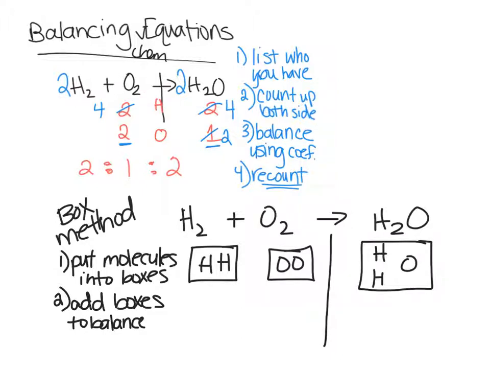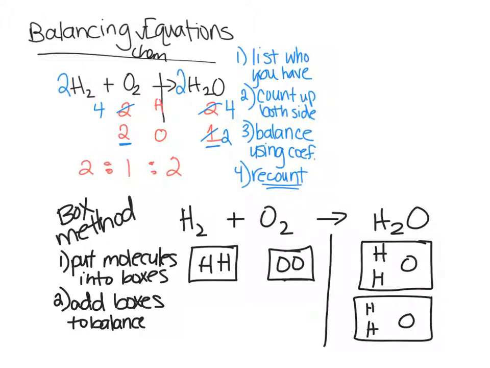I'm looking here. I have 2 hydrogens, so those are pretty good, but here I have 2 oxygens and 1. In order to make this side look like the other side, I'm going to add another box that has a water molecule in it. That way now I have 2 oxygens, and I have 4 hydrogens, but only 2 on this side.